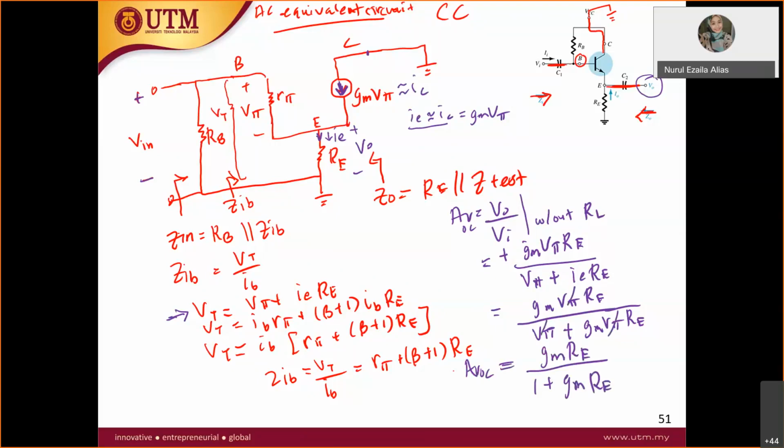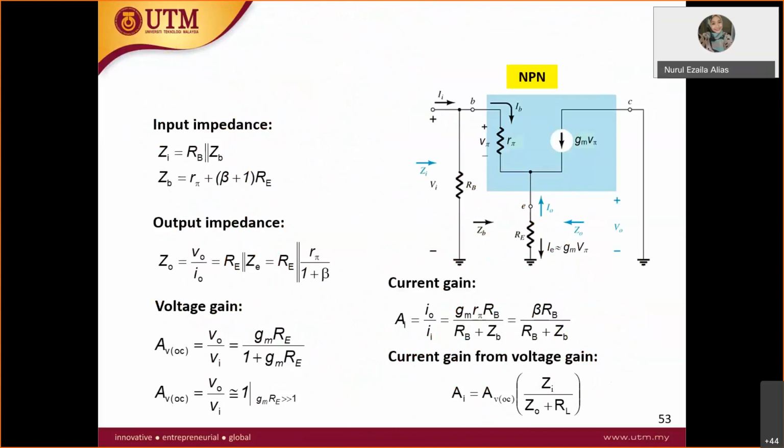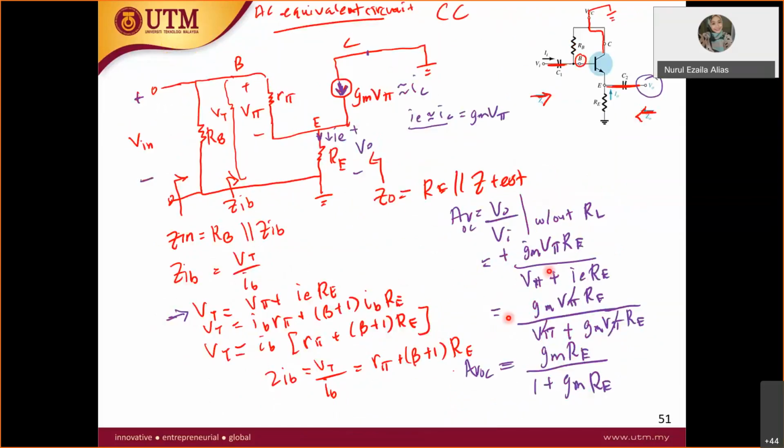So in the textbook, they write the same thing. Luckily it is the same. So they got the same GMRE. How they get this is actually this one, which I have derived here. Do you have any question regarding this, student? Before I move forward on the current gain, this is just the voltage gain only.